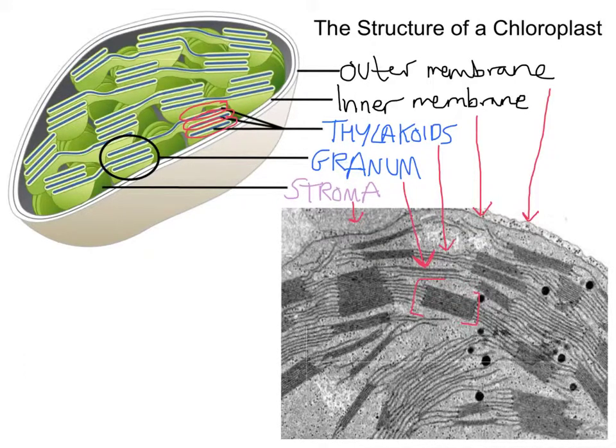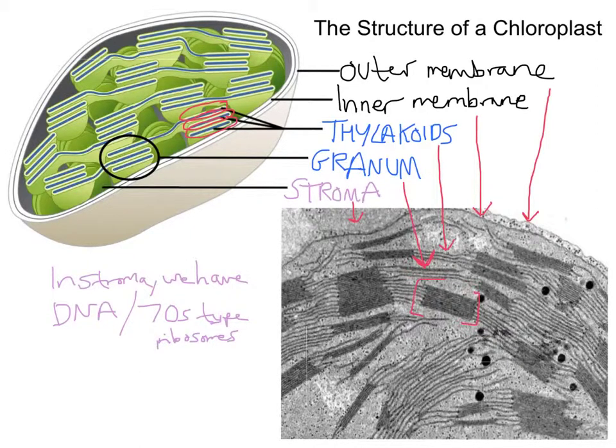So in a separate video I talk about the structure of the mitochondria. It's a bit like the matrix of that, because in the stroma we have DNA and 70S type ribosomes. So I'm just going to make a note of those 2 points here. So in the stroma we have DNA. We also have 70S type ribosomes.